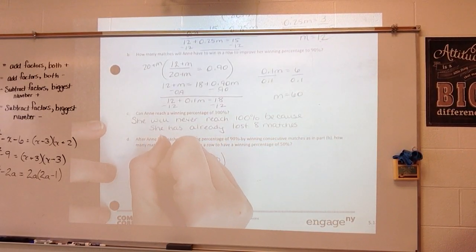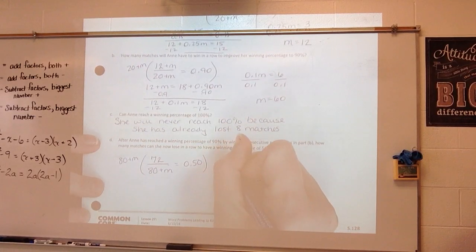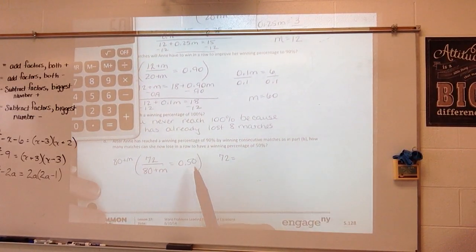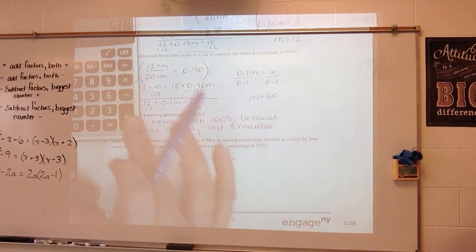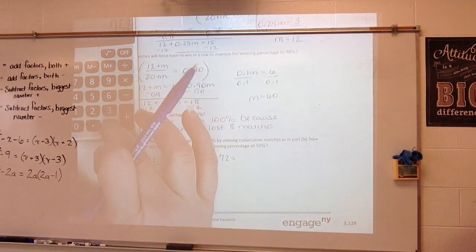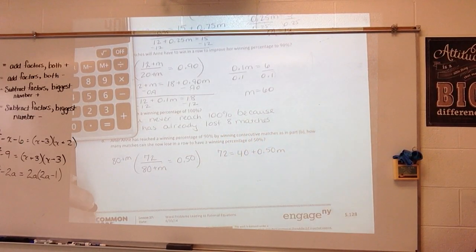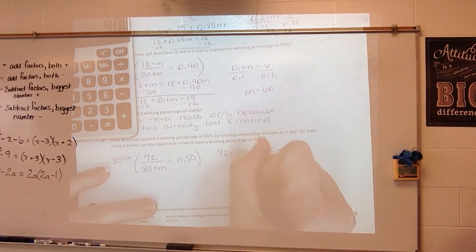So go ahead and solve this. We'll do 80 plus M. So I get 72 is equal to, if you don't know, 80 times 0.5 is 40, plus 50 hundredths M. Subtract 40.